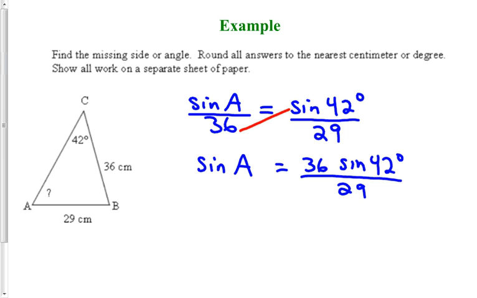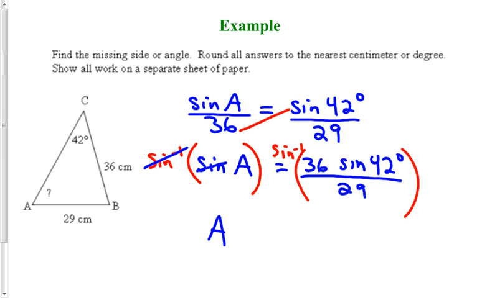Now this is the point where we need to get the angle A by itself. And we talked last week that to undo the sine, we take the inverse sine. But whatever we do to one side, we have to do to the other side, right? So the inverse sine undoes sine, getting us angle A by itself.